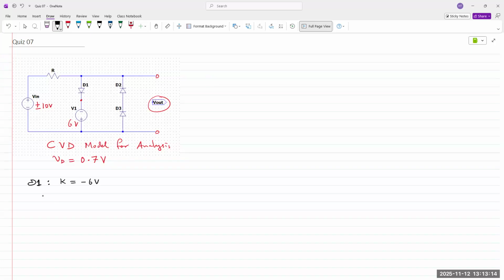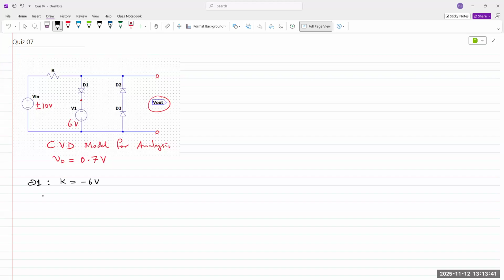So what would it take to turn this diode off? If the cathode is always at a negative potential, that means if the anode is 0, anode is higher than the cathode, so diode is on, right? So for all values between 0 and plus 10, diode D1 is always on.